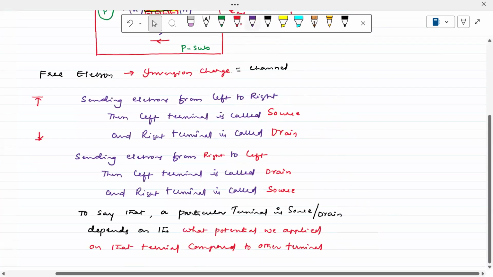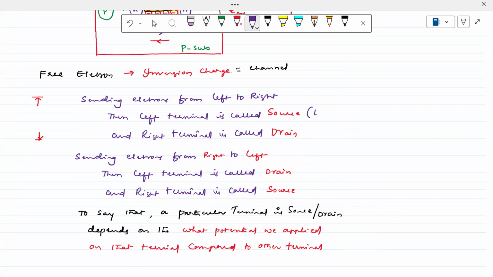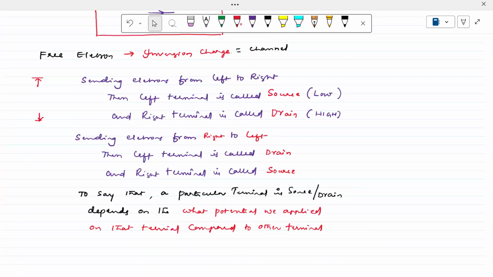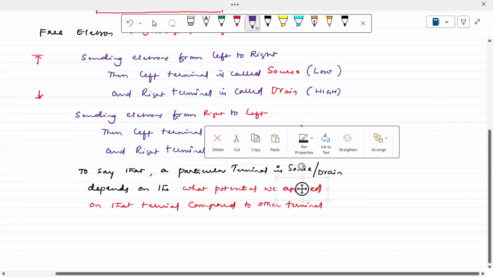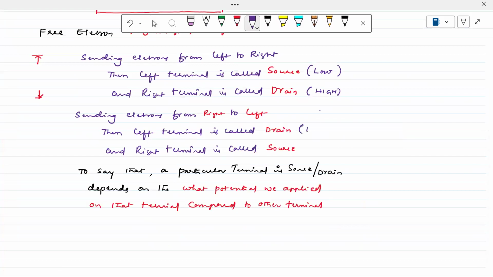One more thing I want to write here explicitly: it is at low potential. Okay. It is at high potential. Am I right? Similarly, here it is at low potential, and this is at high potential. Okay.